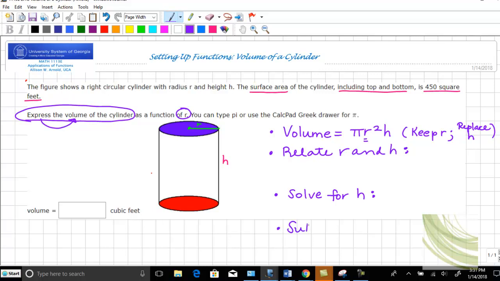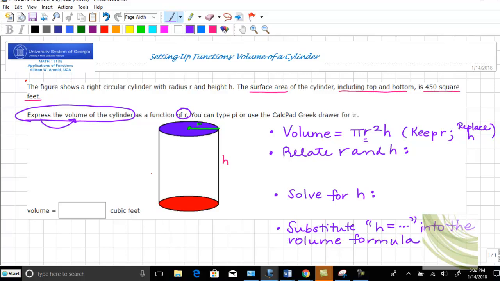Then our plan will be to substitute h equals whatever we get into the volume formula. Okay, so that's our plan.